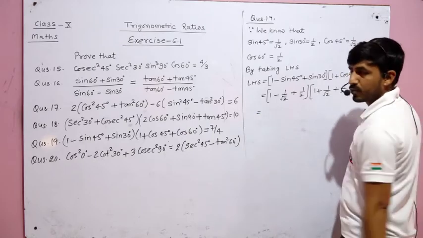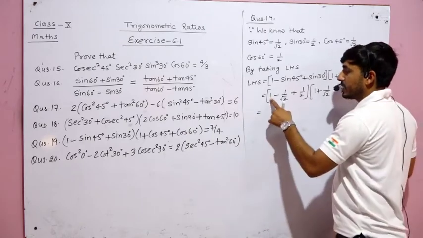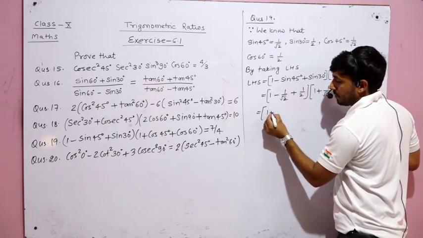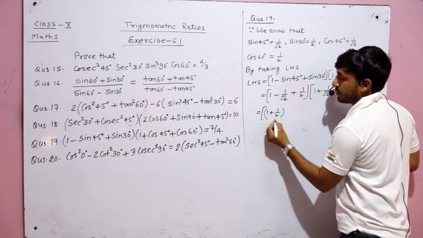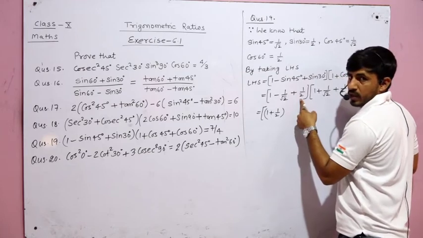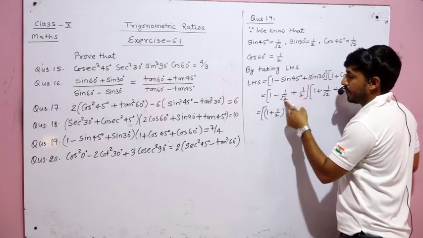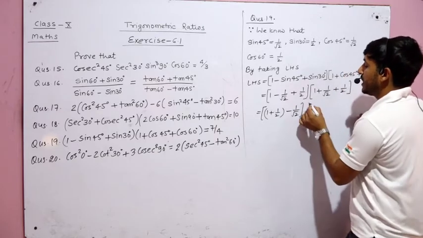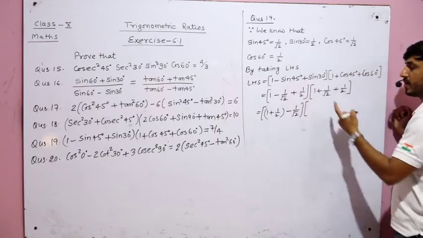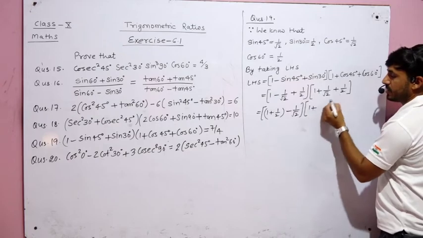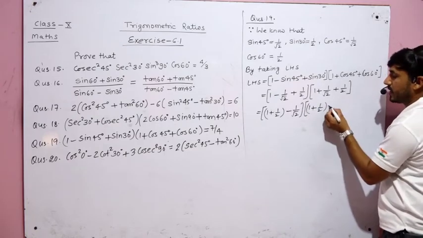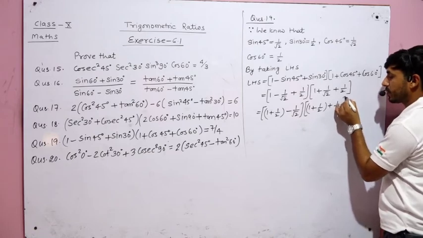In the next step we have to solve. Okay, take this 1 and this 1 by 2 together. Then we can write 1 plus 1 by 2, taking both together, and the remaining part is 1 by root 2.